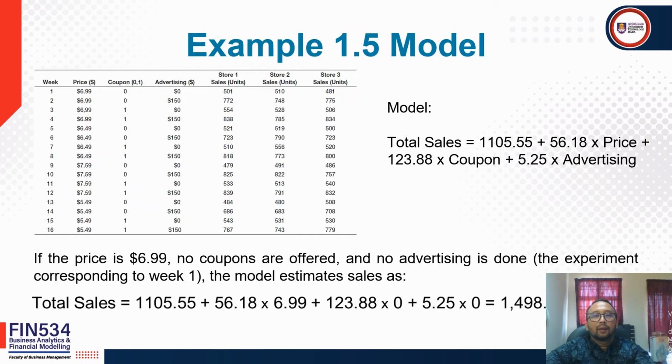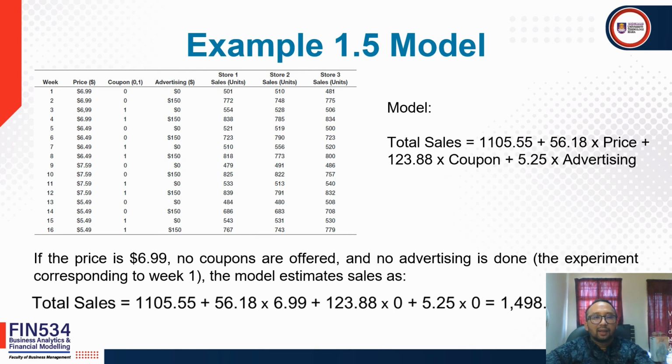Example of the model. For example, total sales equals 1105.55 plus 56.18 multiplied by price plus 123.88 multiplied by coupon plus 5.25 multiplied by advertising. See that on the table. If the price is $6.99, no coupons are offered and no advertising is done, that is the experiment corresponding to week 1.